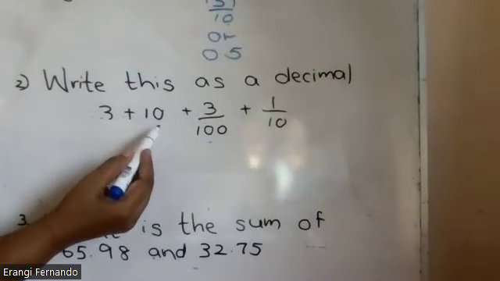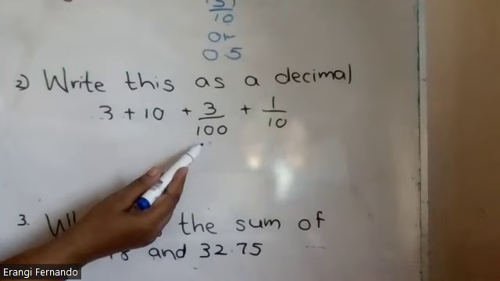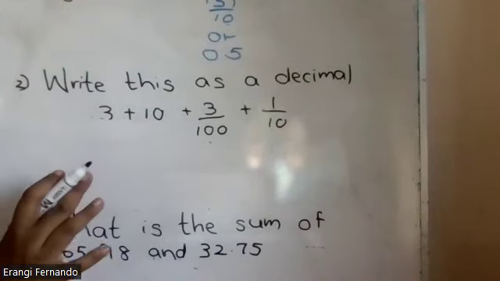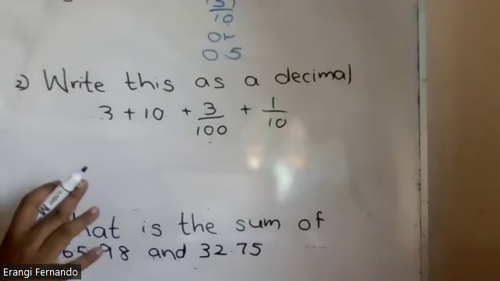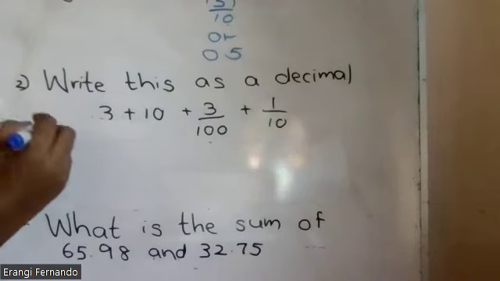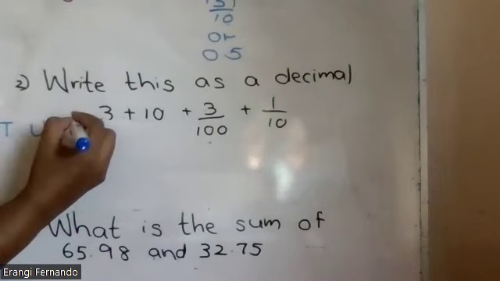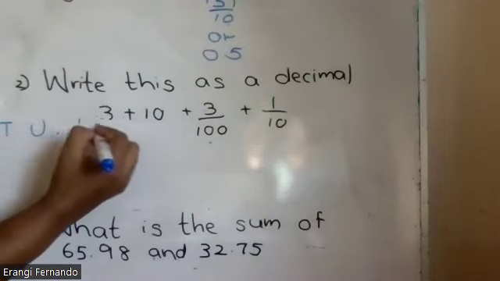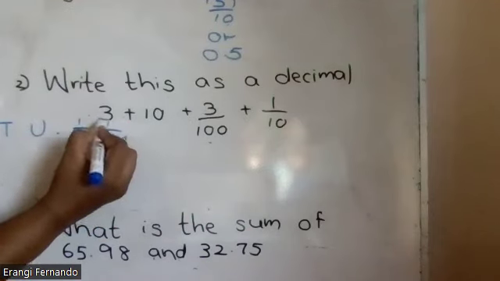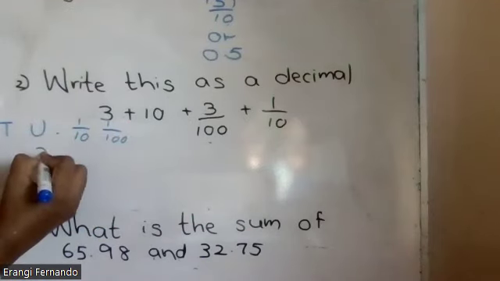3 plus 10 plus 3/100 plus 1/10. So before we write this one as a decimal, we need to identify the decimal places. Okay, we'll write here: 10, unit, decimal place, 10th, 100th. Okay, 3 units.